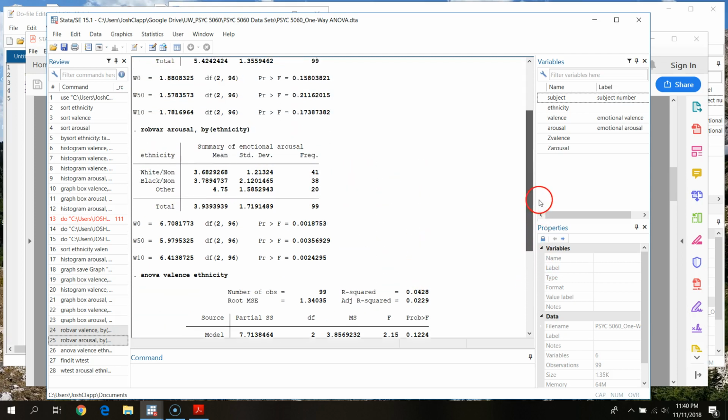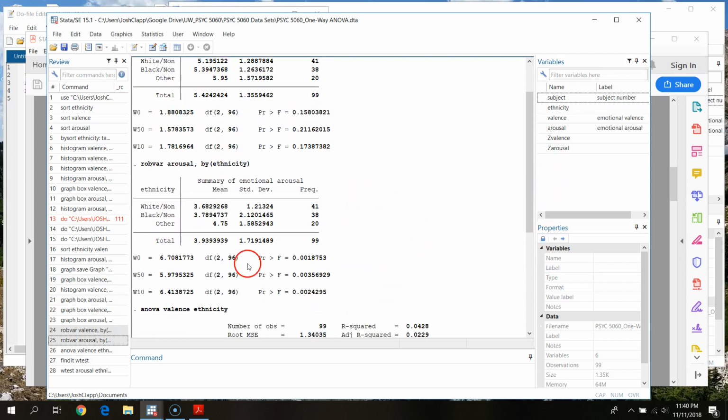But based on looking at our assumptions, we have evidence for systematic differences in the variability, suggesting that the variance of arousal ratings differs across our groups. Okay, and so that might be relevant, right? If we're asking, is this a good experimental prime to use in diverse samples?